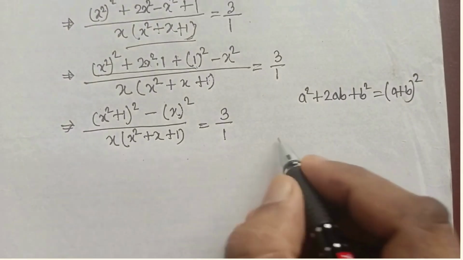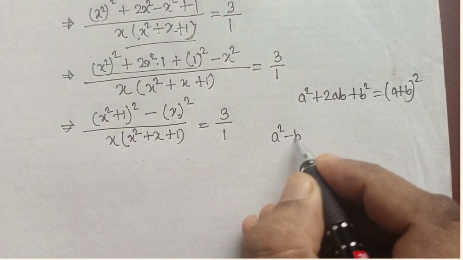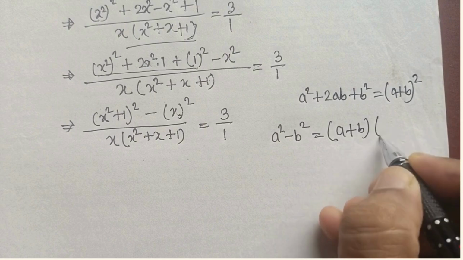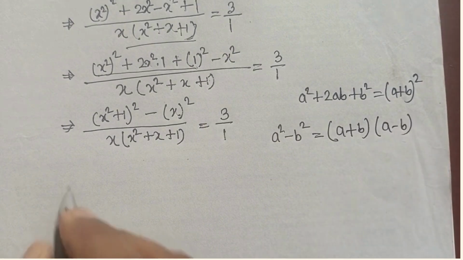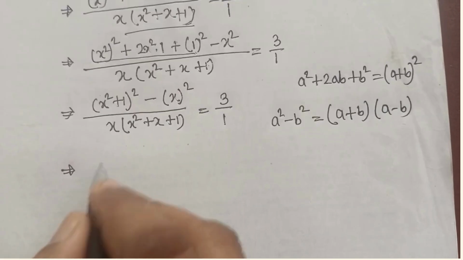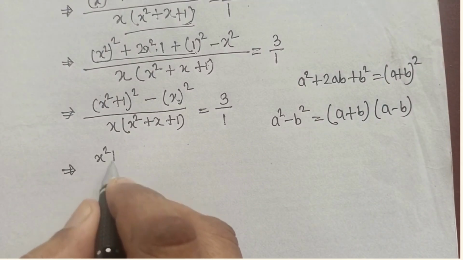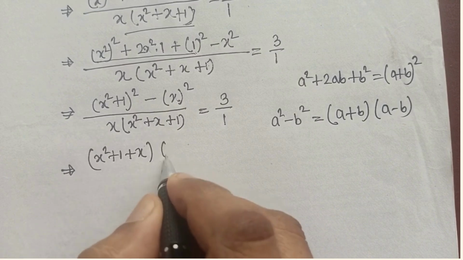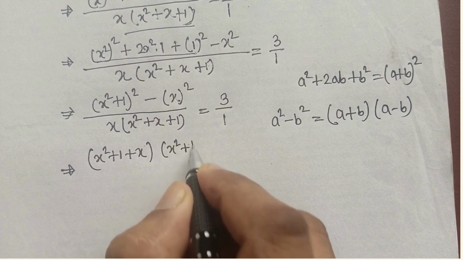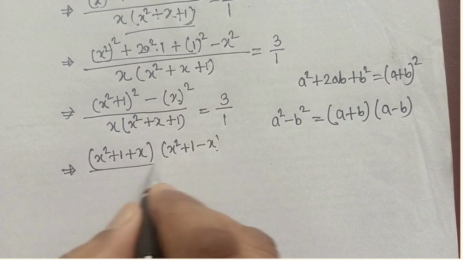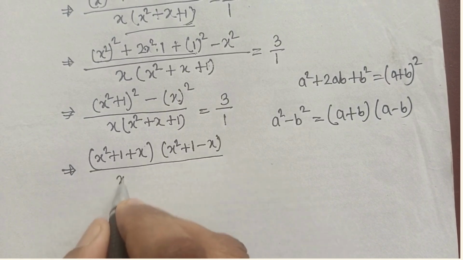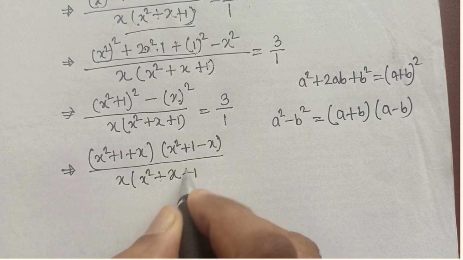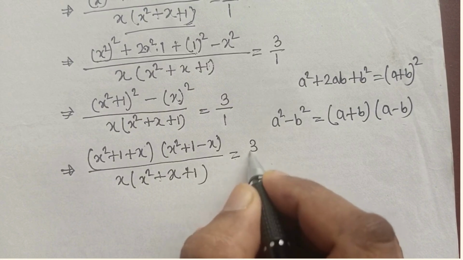Now we know the formula a^2 minus b^2 equals (a + b)(a - b). So we can express this as (x^2 + 1 + x)(x^2 + 1 - x) by x(x^2 + x + 1), that is 3/1.